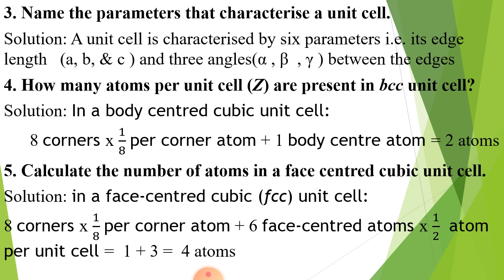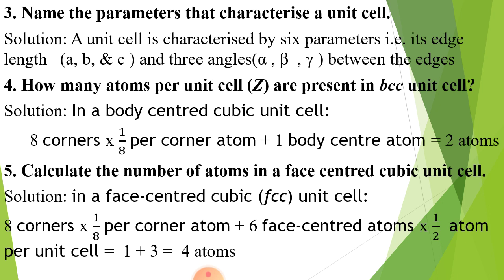Now question number 5. Calculate the number of atoms in face centered cubic unit cell, that is FCC. Solution: like question number 4. In FCC there are also 8 corners and contribution of 1 corner is 1/8 per corner atom, and 6 faces are present.